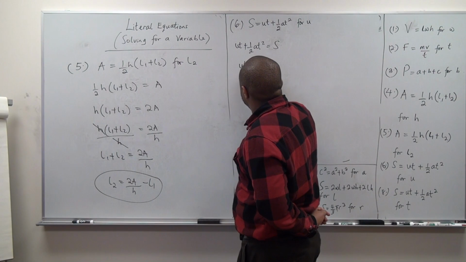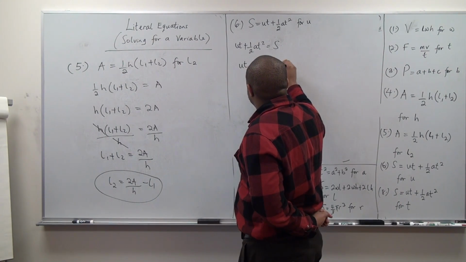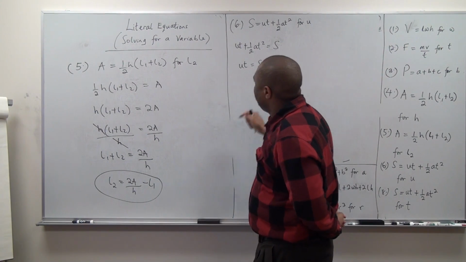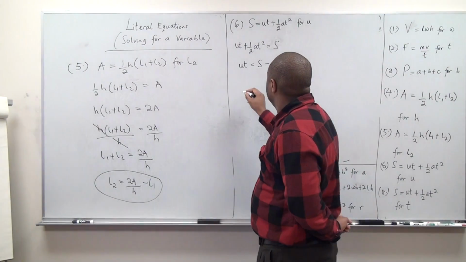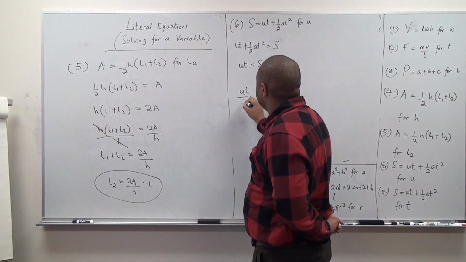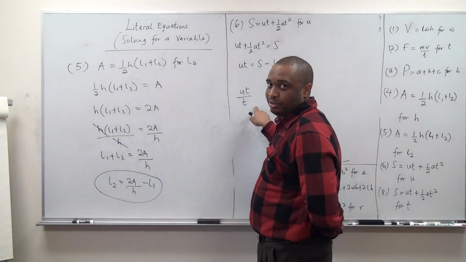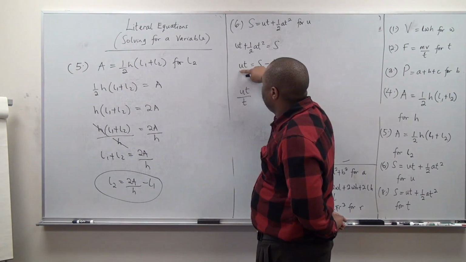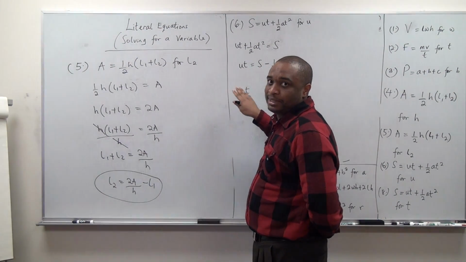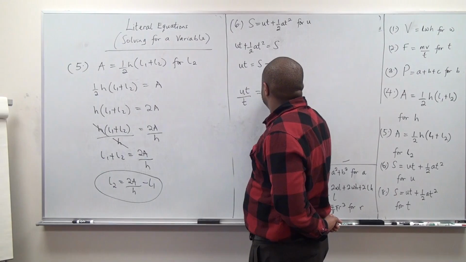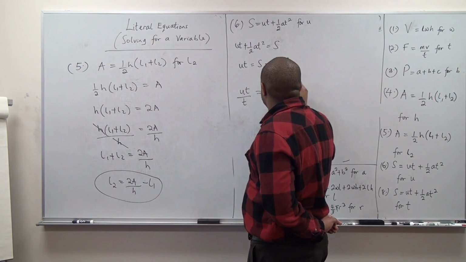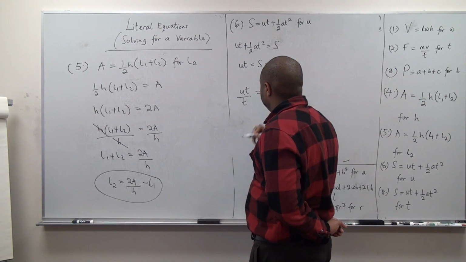So ut will be s minus half at squared, and then you divide both sides by t. Ut divided by t is a step on its own. Some people will come immediately and put over t here. You're skipping steps if you're doing that. Equal to s minus half at squared divided by t.